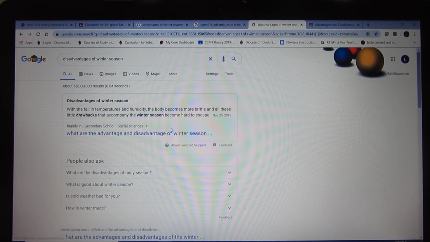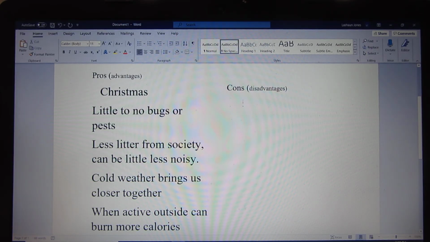So it says the body becomes more brittle. With the fall of temperatures and humidity, the body becomes more brittle. So let's write that down.